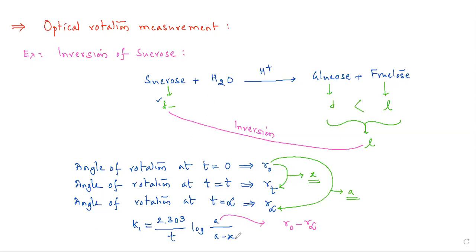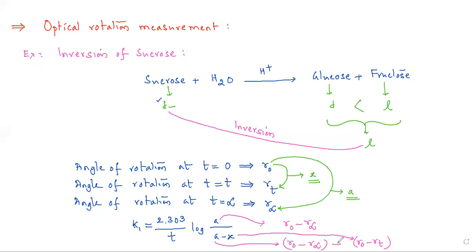So a is R0 minus R infinite. Now, how about x? x is R0 minus Rt, right?